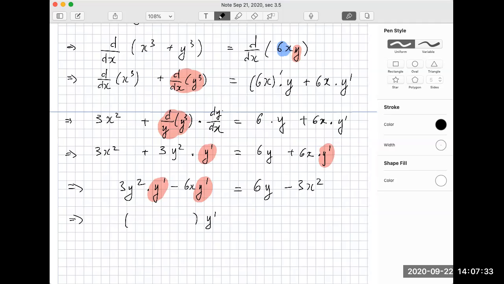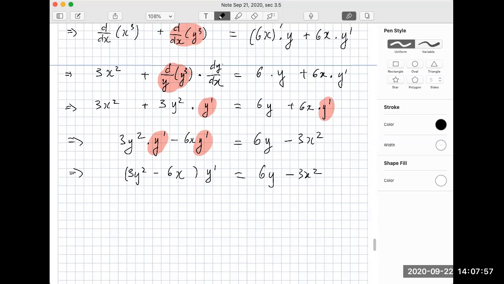Yes, 3y squared minus 6x, and the right-hand side, we just rewrite it, right? Very good. So in the next step, what should we do? Very good. We need to divide everything by the coefficient of y prime right here.